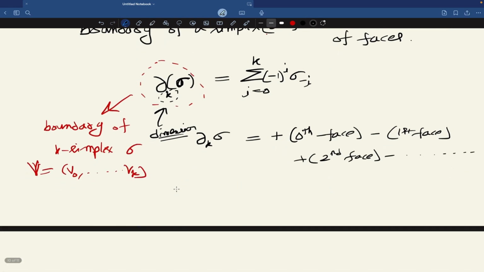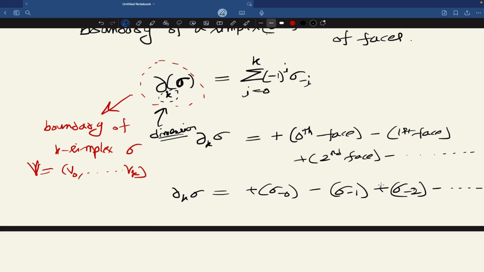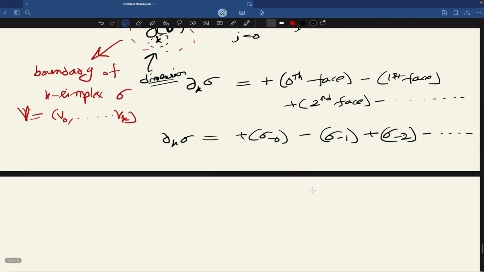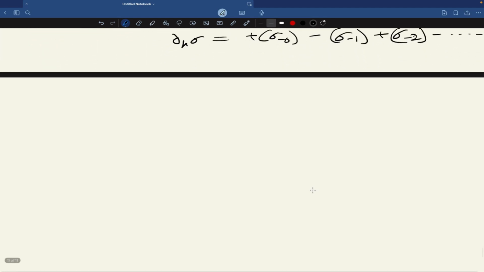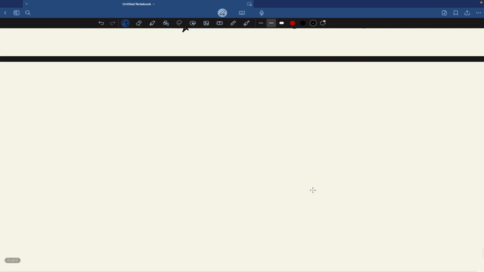And we know how you denote your faces: plus sigma minus 0, minus sigma minus 1, and then plus sigma minus 2, and so on. So let us take some examples of simplices and calculate the boundary over them.